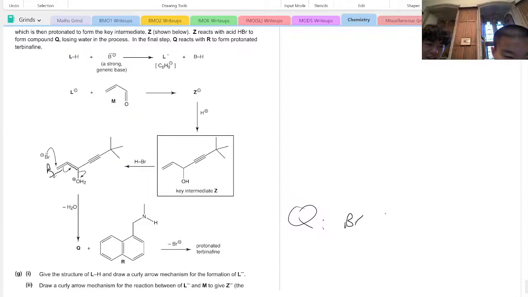Wait, the Br doesn't replace the carbon. It connects to the carbon. Yeah, I know. Okay, so it's like this.